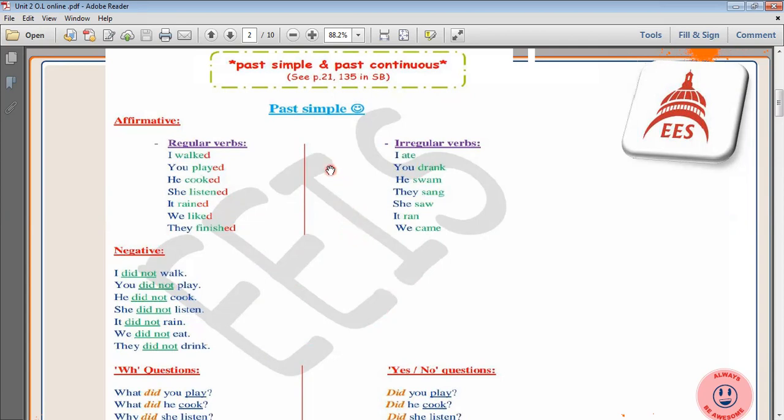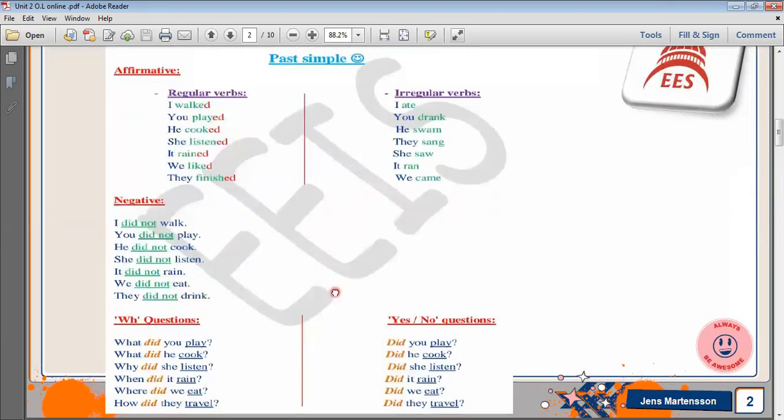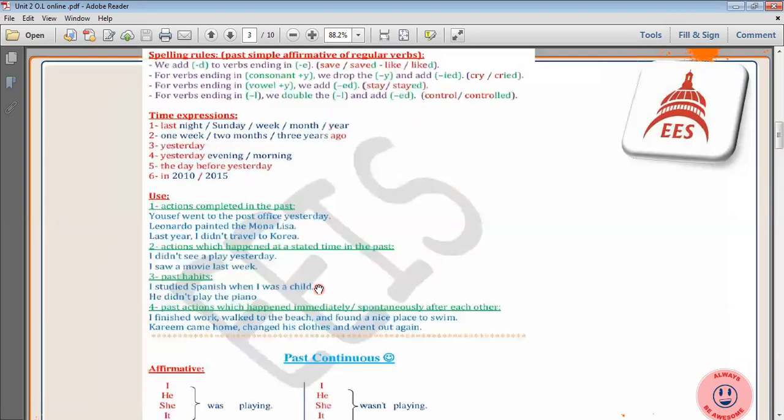So if we wanted to talk about the past simple, I think we should focus on its usage. So let's take a look here on the usage. We can use it for actions that are finished in the past, completed actions in the past.